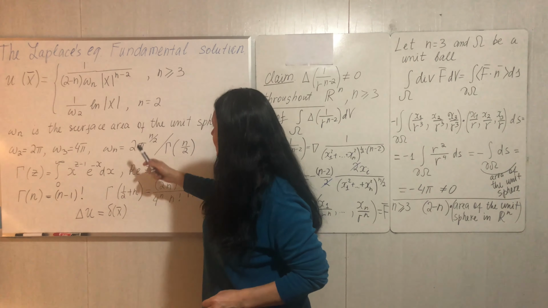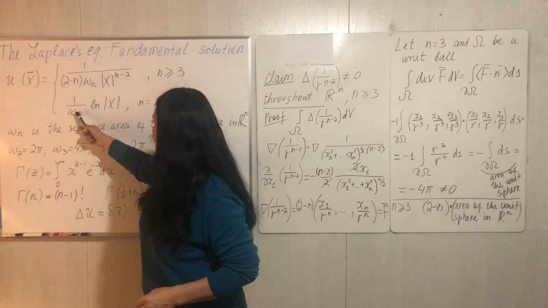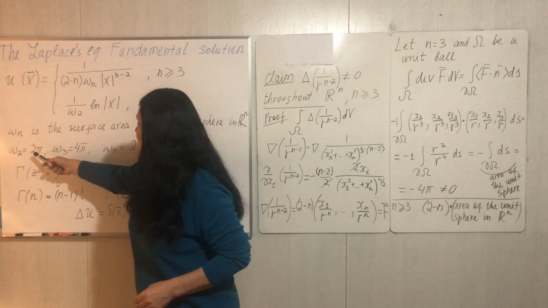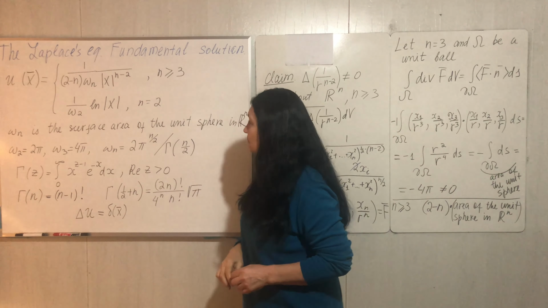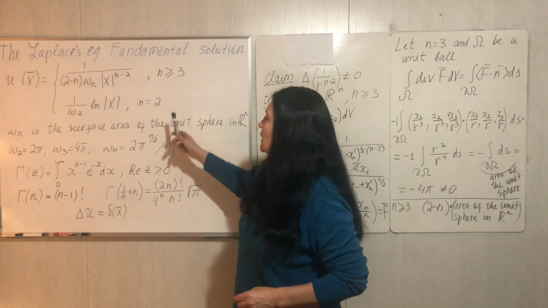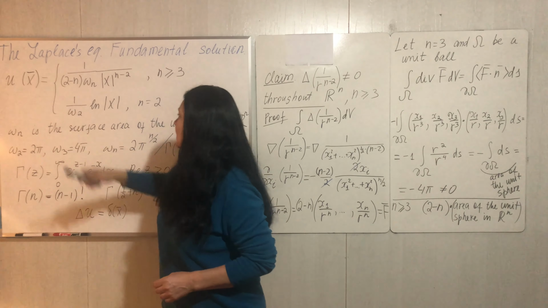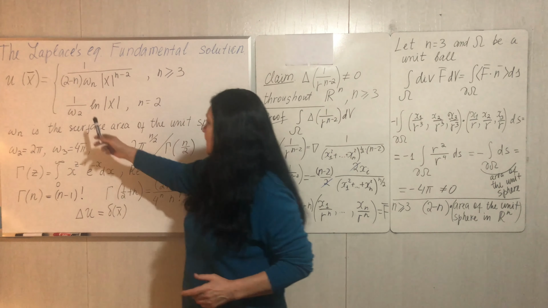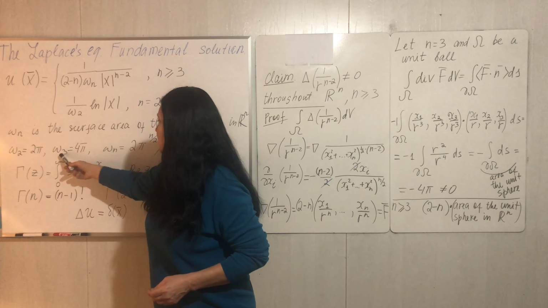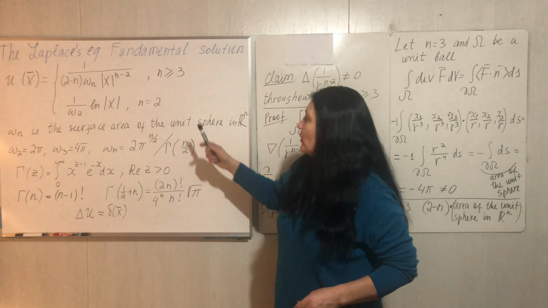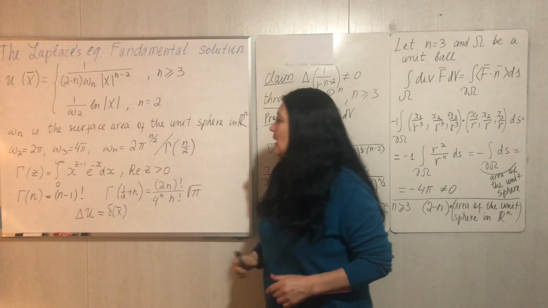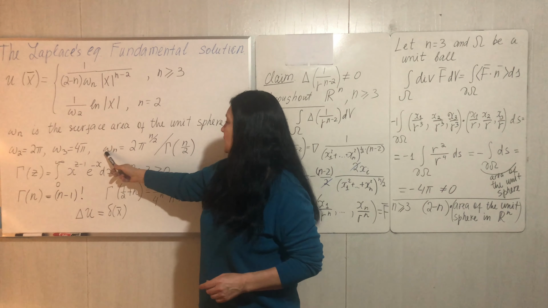So that is why we can write that omega 2 would be just 2 pi. So that would be our radial solution in the two-dimensional case, and in the three-dimensional case we computed omega 3 is 4 pi. For any other dimensions we can write this formula.